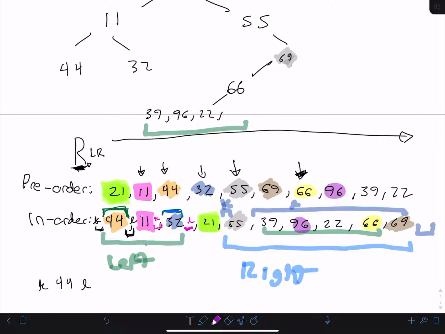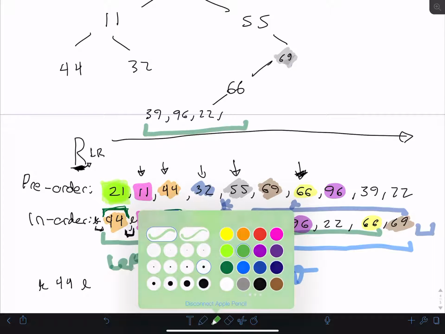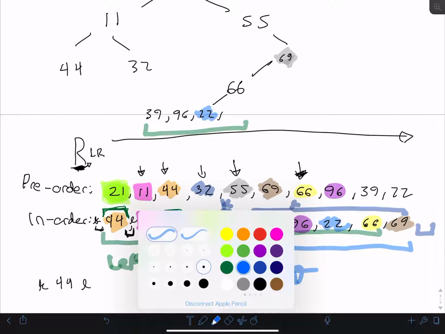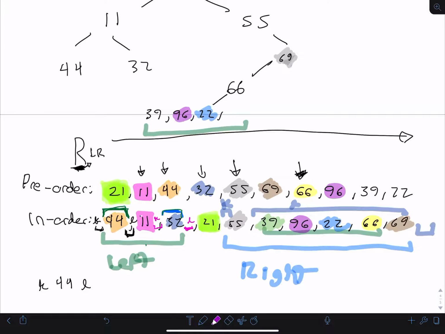Moving on to the next one, 96. That's a little bit more interesting because the left sublist has one element in it, 39, and the right sublist has one element in it, which is 22. Okay.